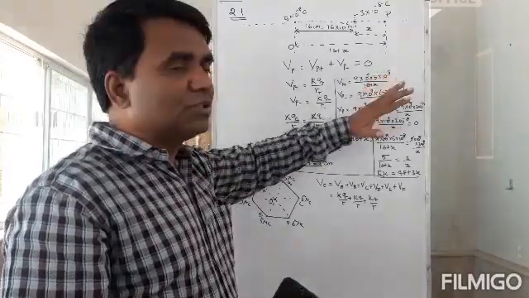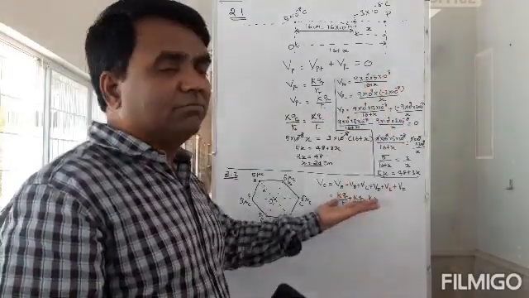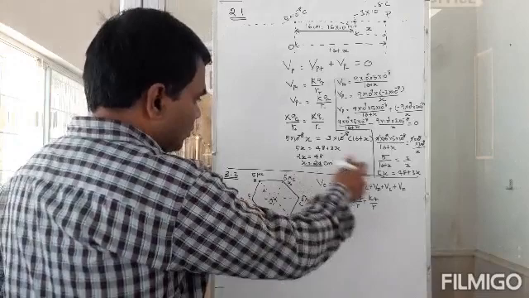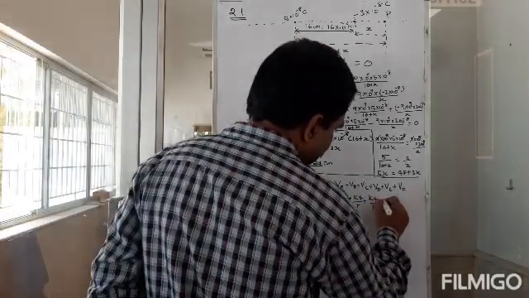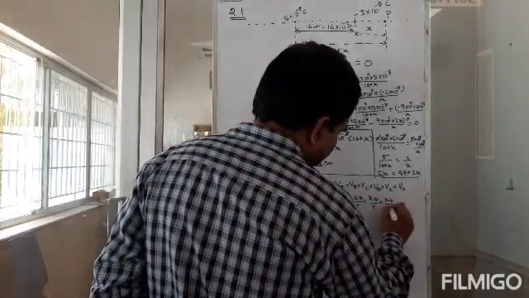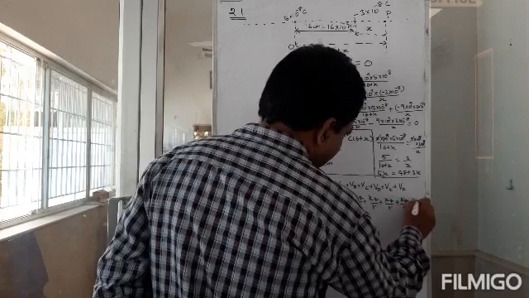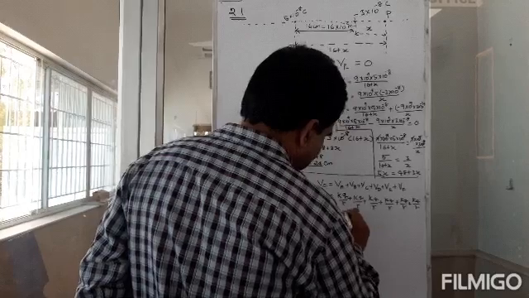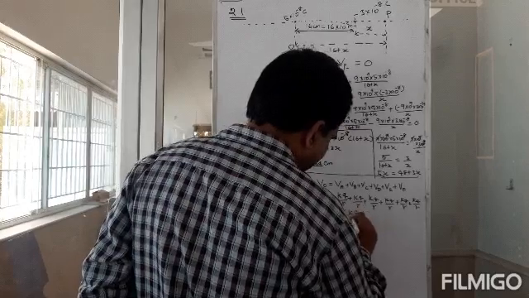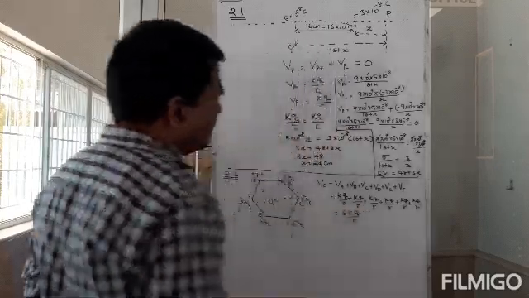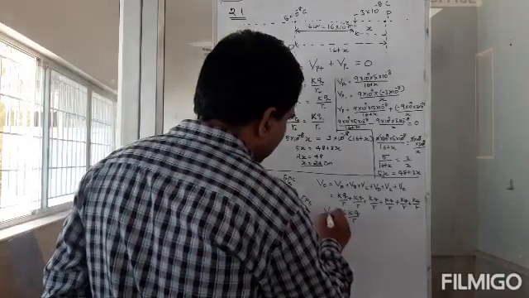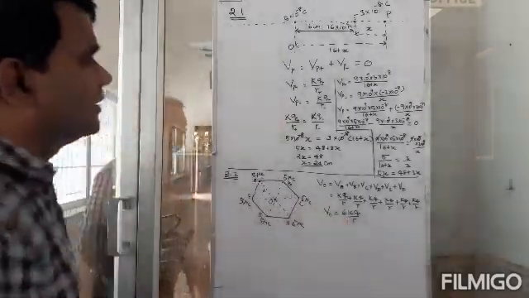You won't be able to subtract anything. You will only have addition. So you're going to get 6 kq by r. That will be the potential at the very center, 6 times that.